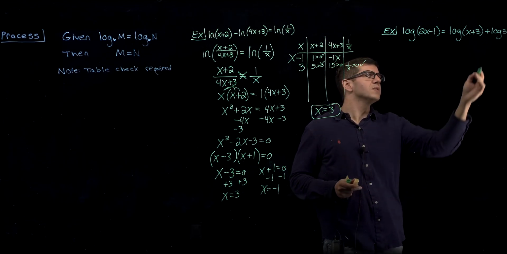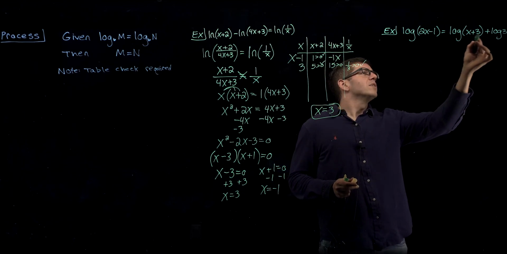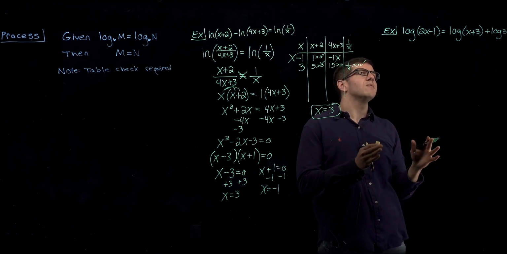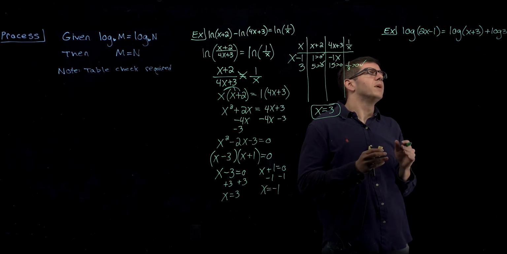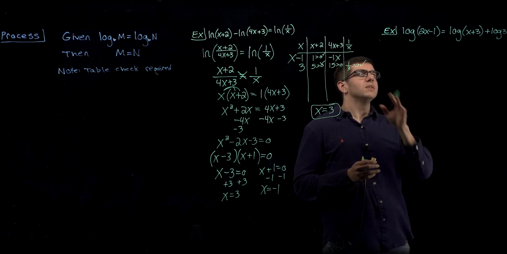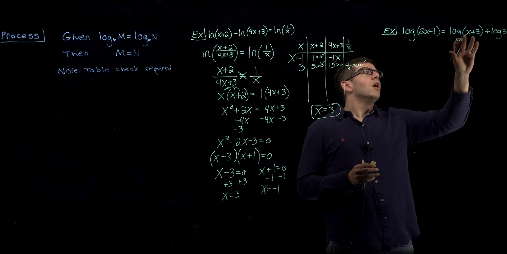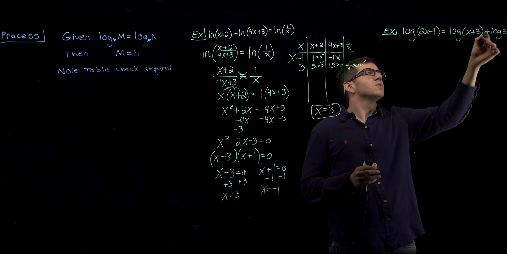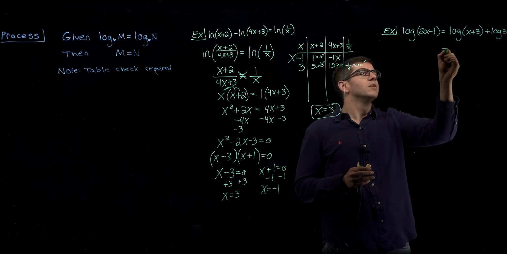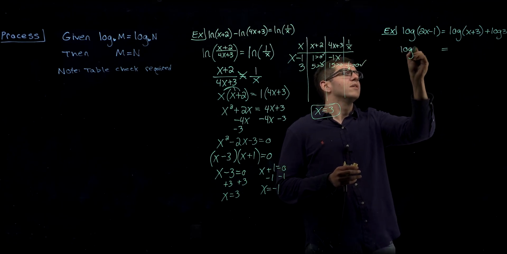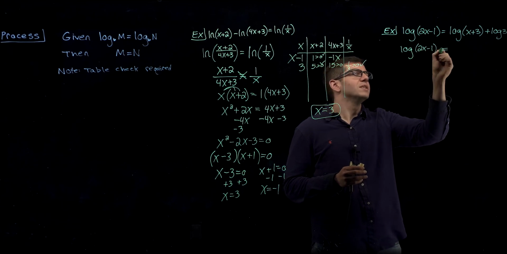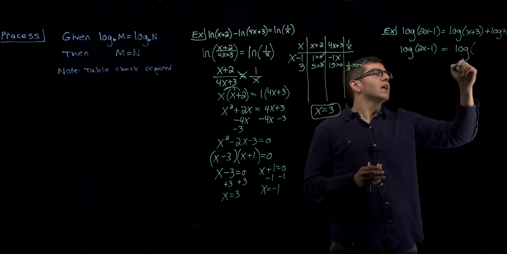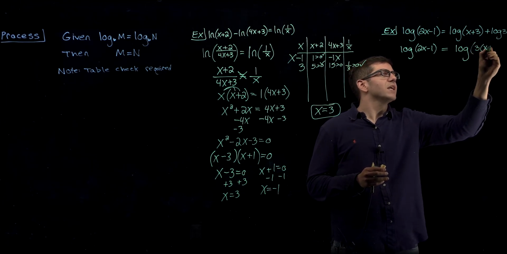Okay, going through this, we have 2 logs on the right side of the equation. Remember, we can only do this if we have one log equal to another. So we must condense these like before. Log of x plus 3 plus log of 3, they are the same base, so we condense these with multiplication to get log of 2x minus 1 is equal to log of x plus 3 times 3, or 3 times x plus 3.